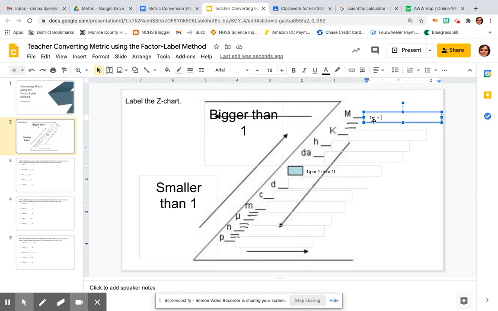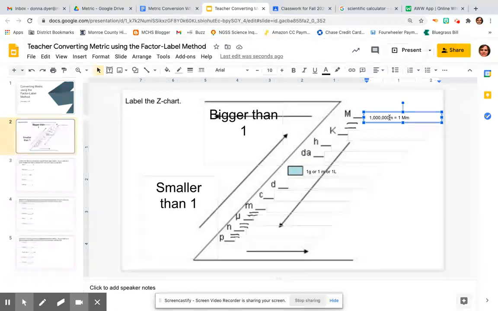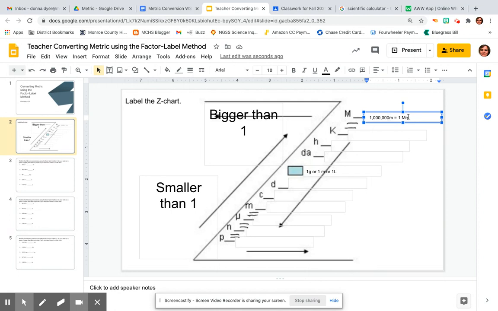There are 1 million meters in 1 megameter, for example. Again, that doesn't have to be meter. That could be 1 million liters in a megaliter, 1 million grams in a megagram.